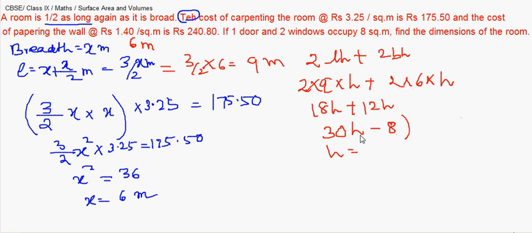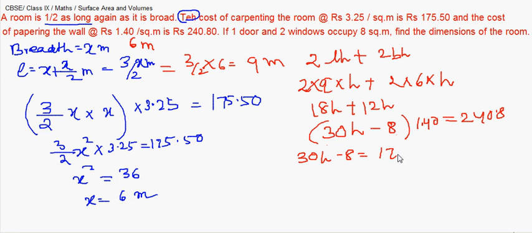That's now when multiplied with 1.40 gives 240.80. Let me calculate this. So it becomes 30H minus 8 is equal to 240.8 by 1.4. That's giving me 172.